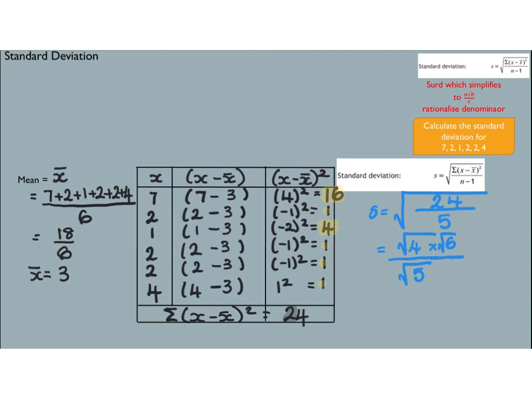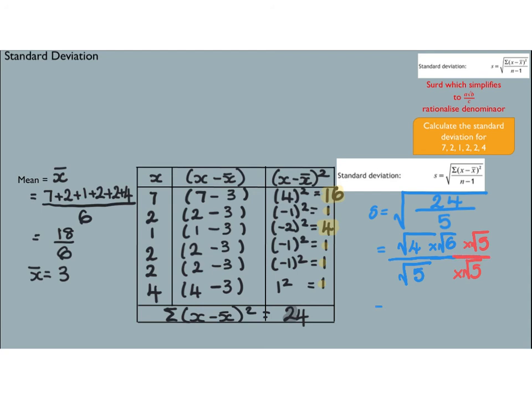There's something else that I must do to this as well. We have to rationalise the denominator. We're not supposed to leave a root on the bottom of a fraction. So take the root on the bottom and multiply the top and the bottom by that root.